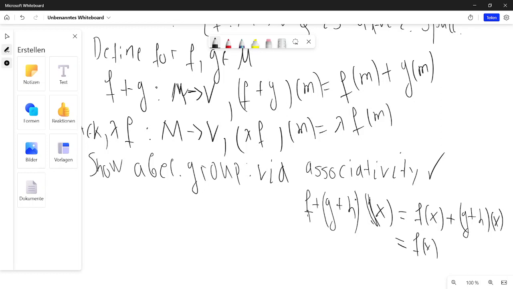And because you have associativity in the vector space V itself, clearly that gives you what you want.